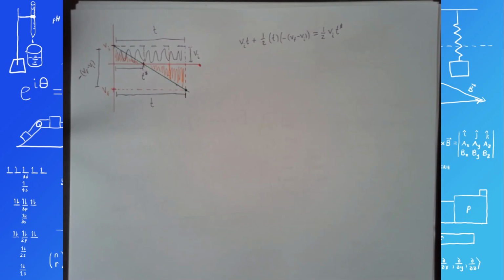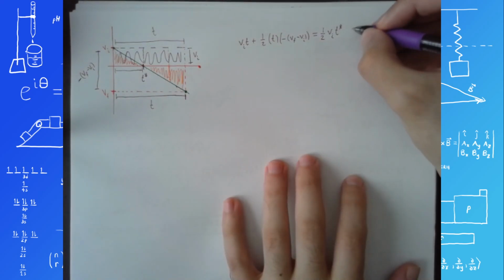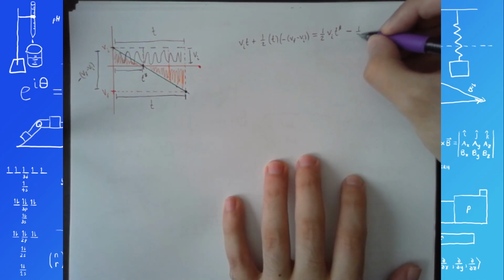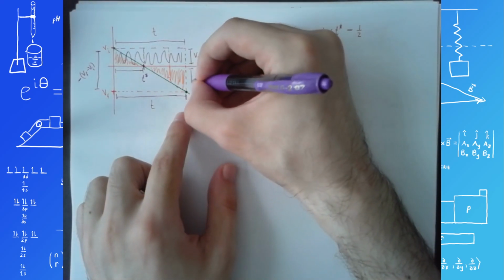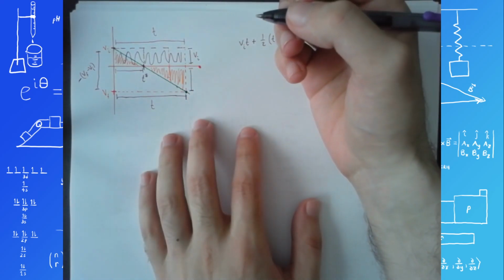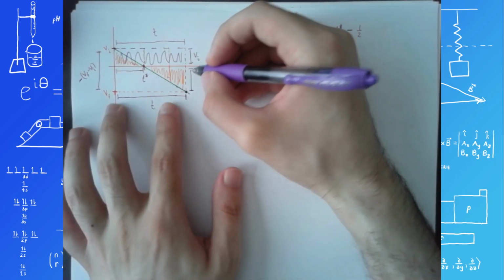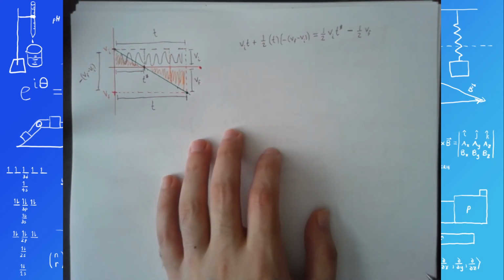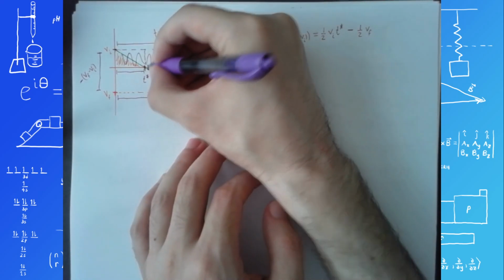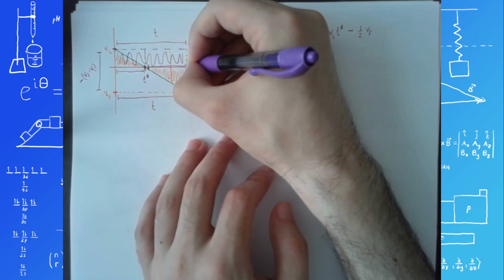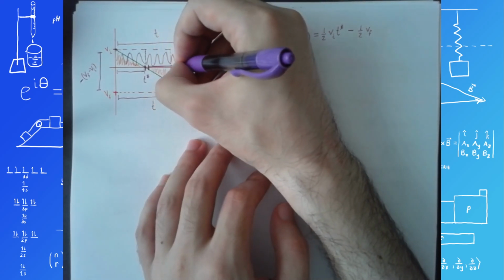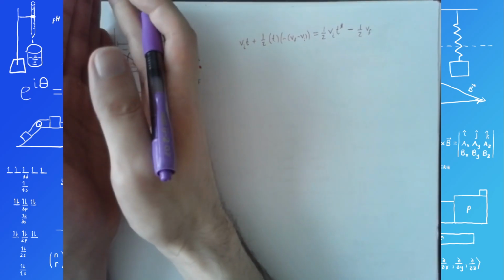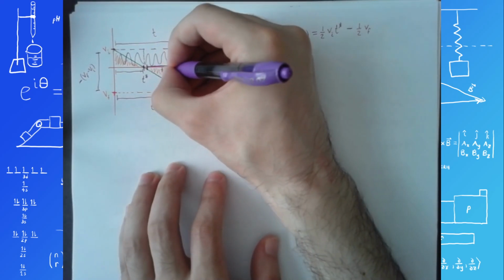And then minus this orange triangle, which is 1/2 its height, v final, right? This is just going to be v final. And its base, this whole thing, I know that's kind of hard to see since I'm drawing it over the axis, would be t minus t star.